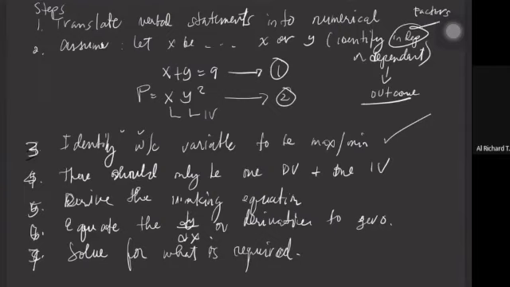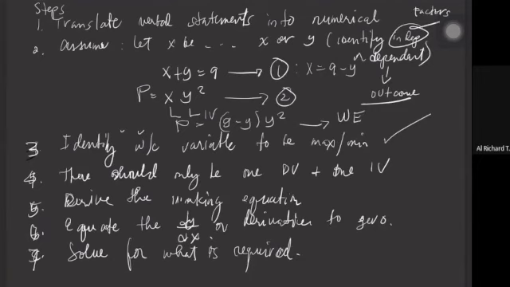so that what's left for equation 2 will be the dependent variable P. Let's say in equation 1, you solve for x, and so you have 9 minus y. And you replace your x with 9 minus y, and then you multiply with y squared. So that would be your working equation.